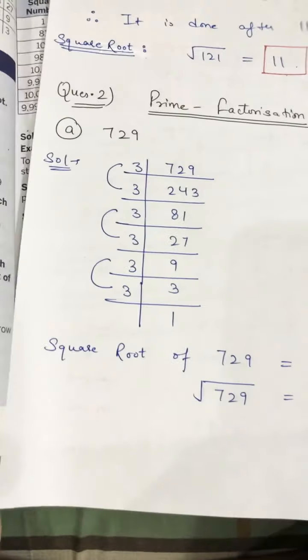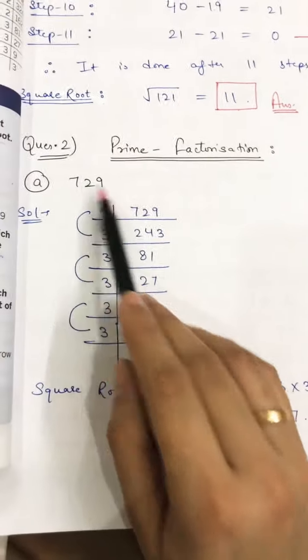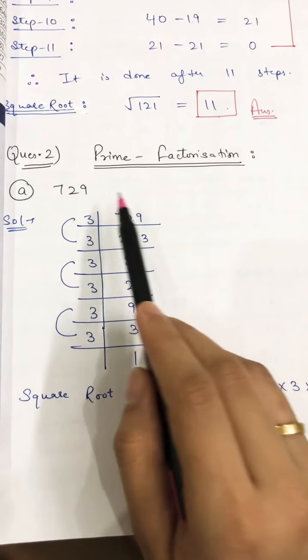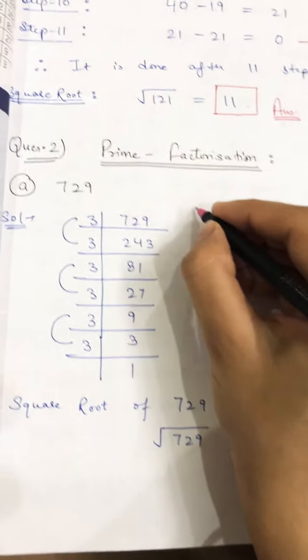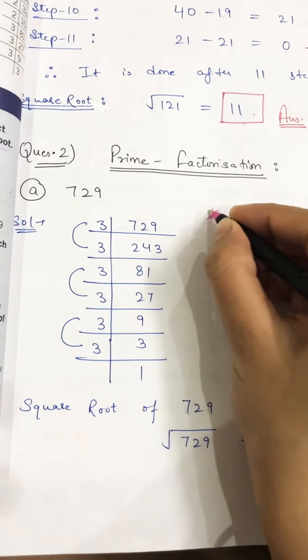Now, here is your prime factorization method. You have to start the LCM with prime numbers only. You will never start your LCM with 1. Never.